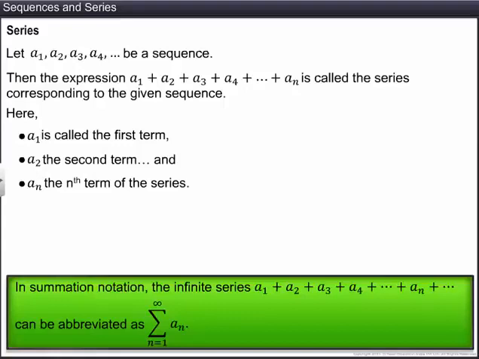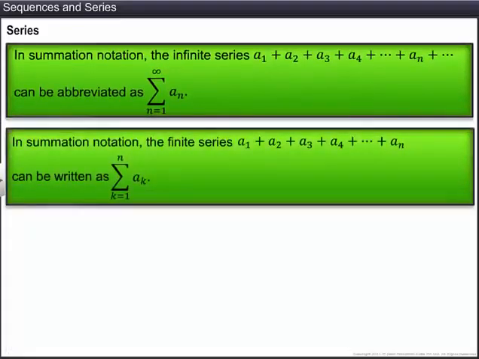In summation notation, the infinite series A1 plus A2 plus A3 plus A4 and so on up to infinity can be abbreviated as sigma An, where n is from 1 to infinity.